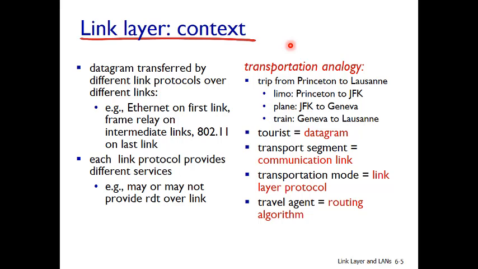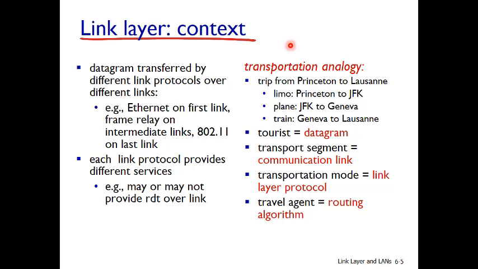So let's look at an analogy from transportation. Say I were planning a trip from Princeton to Lausanne, for example. I could take a limousine from Princeton to JFK Airport, and then take a plane from JFK Airport to Geneva, and then take a train from Geneva to Lausanne.